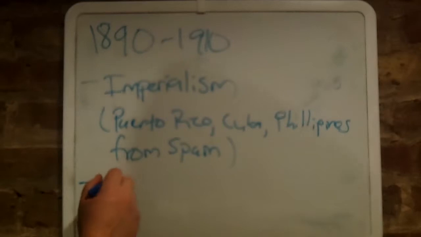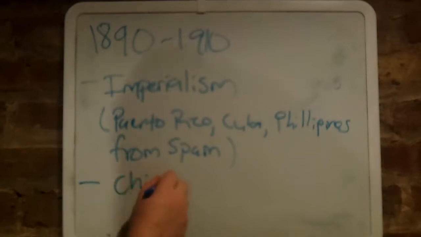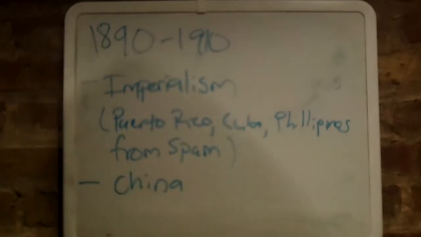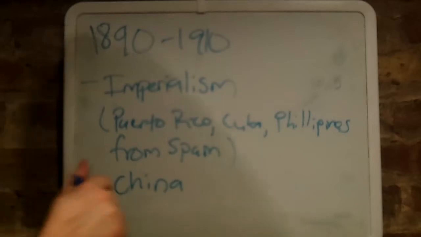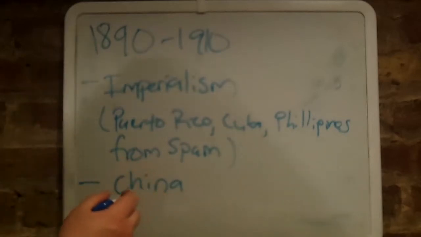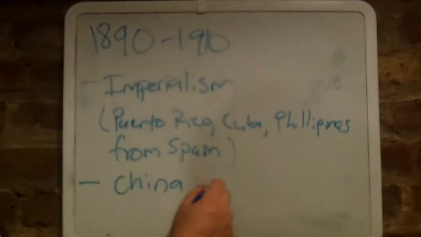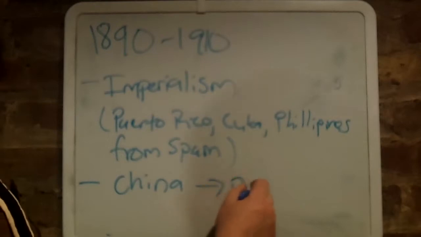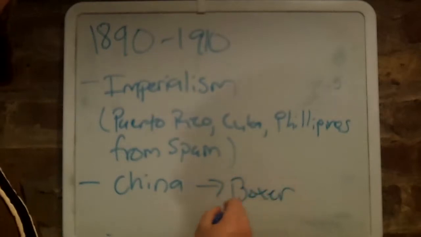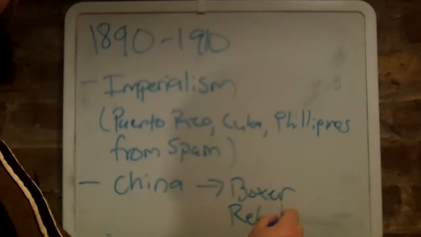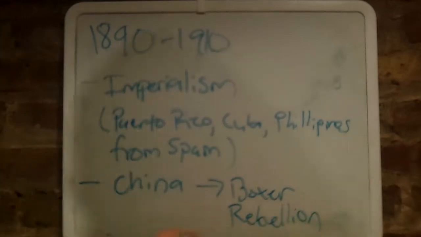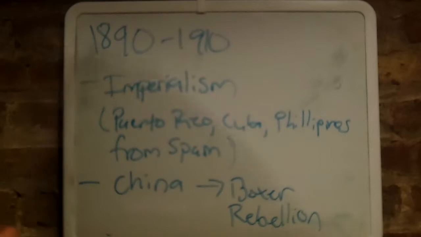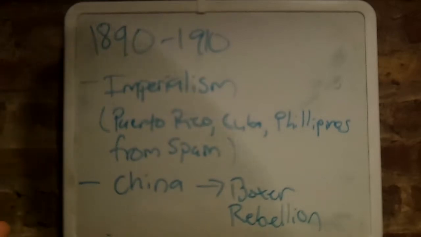And also in China, the U.S. had trading interests there. And this, along with a number of other European nations, led to the Boxer Rebellion. So a group of nationalists in China who were nicknamed the Boxers because of the exercises they did, attacked all the foreigners in their nation and tried to drive them out.